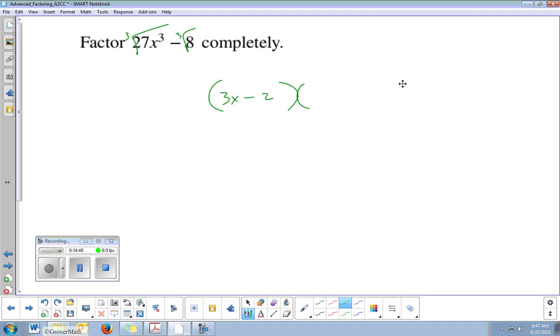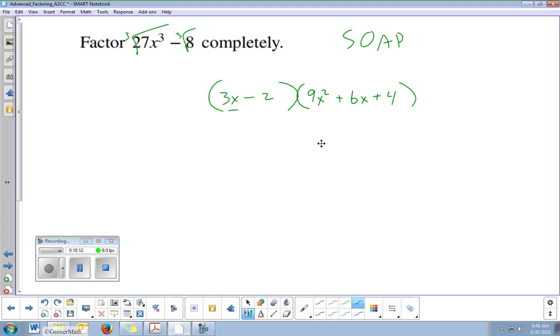And then a trinomial, where I will square the first piece, 9x squared, times each other. Now, times each other right now is negative 6x, but it's the opposite sign of that. Same sign in the binomial, opposite sign for the first sign of the trinomial, and then always positive. And that makes sense because I'm squaring this, and so that'll be a 4.